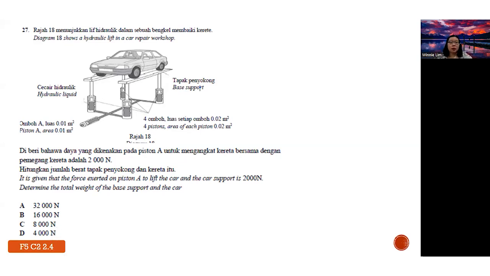So what you all need to do is apply the concept of the Pascal principle, where pressure is the same, and hence you will have F1 over A1 equals F2 over A2. Given the force exerted on piston A, the smaller piston, that means this is F1 and this is A1.